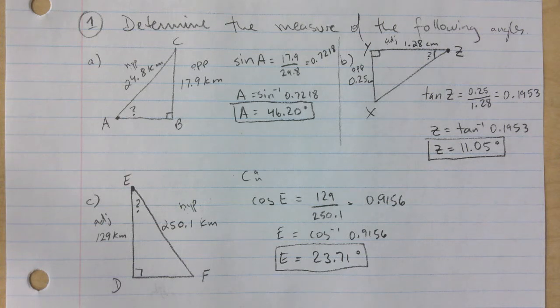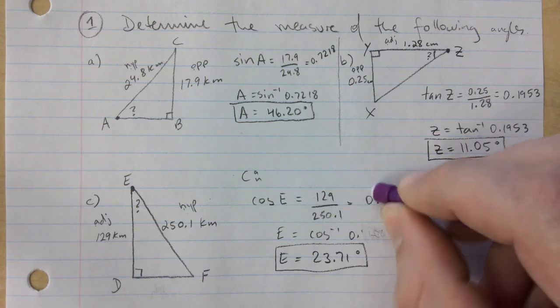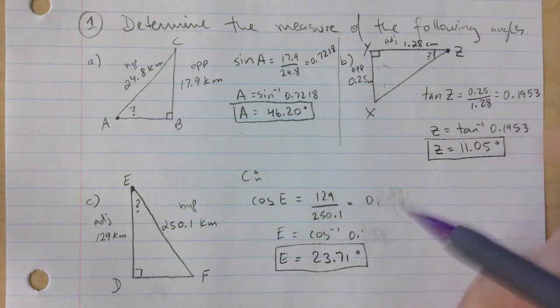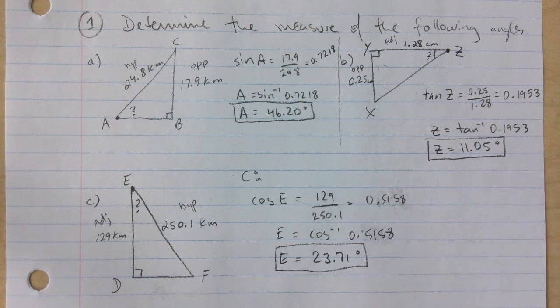Okay. I got, oh, okay, somebody's saying maybe I typed it in wrong. Hold on. Yeah, 51, right? 51, 58. My bad. And so that will also change my final answer.